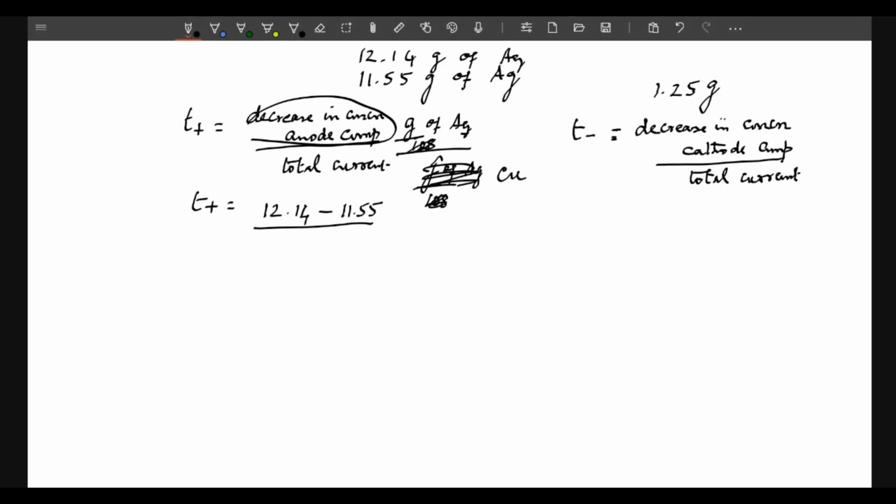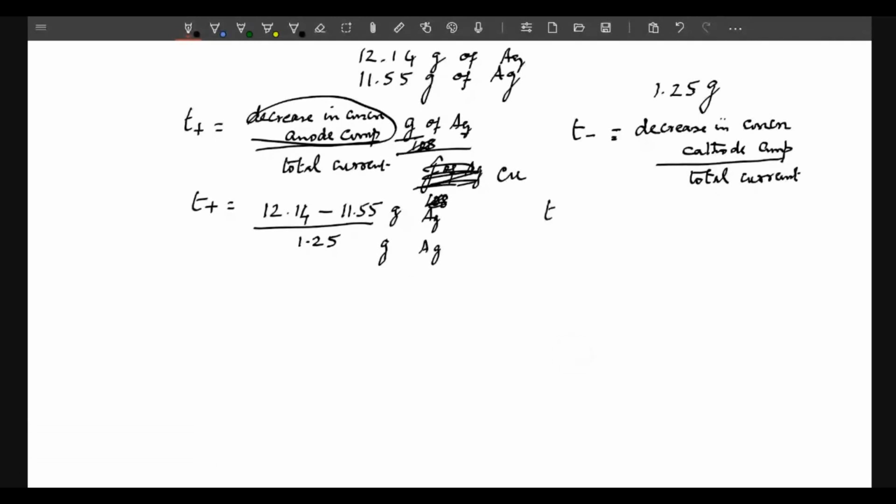Anything may be given. Look at it here, it is given as 1.25. Here grams of silver, here also grams of silver. Therefore, no necessity of converting into equivalent. Just make use of this and you can find it out.